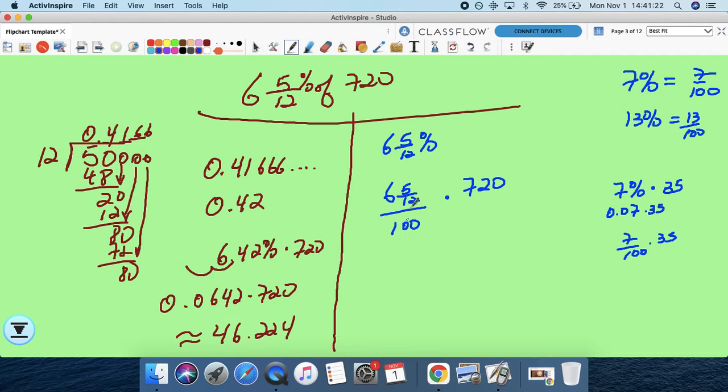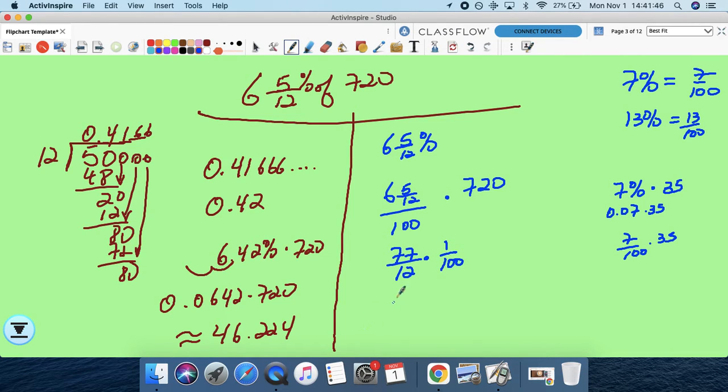Now you're going to say that's a little bit ugly, so let's think about what 6 and 5/12 is. Let's change it to an improper fraction: 12 times 6 is 72 plus 5, so that's 77 over 12, divided by 100.